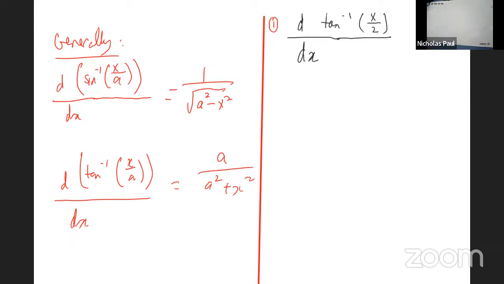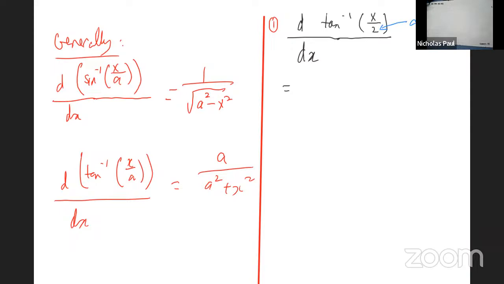So without doing it the long way, what's the answer for number one? Look at the formula and you should see that a is 2. So the formula is what?